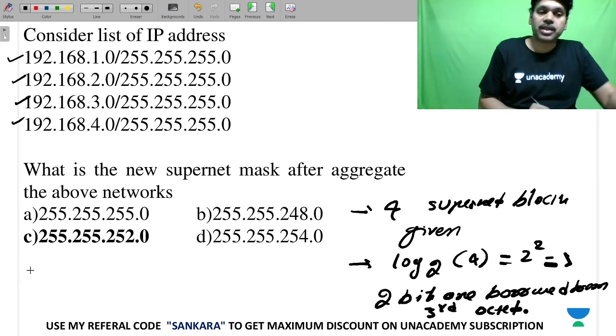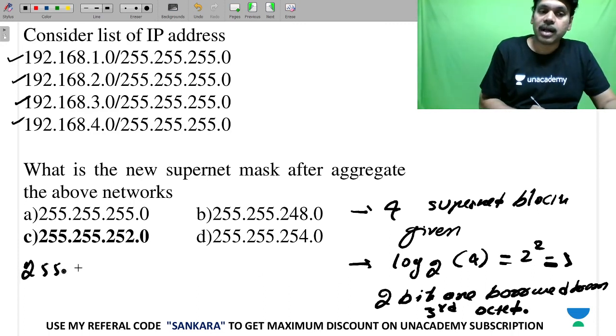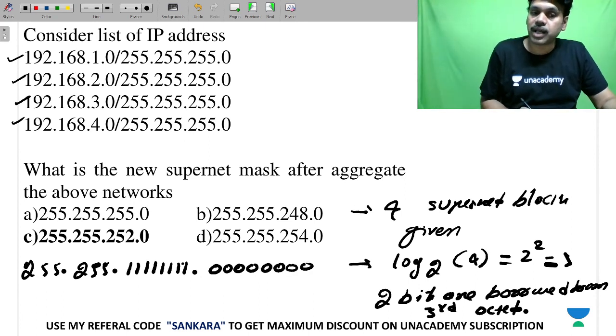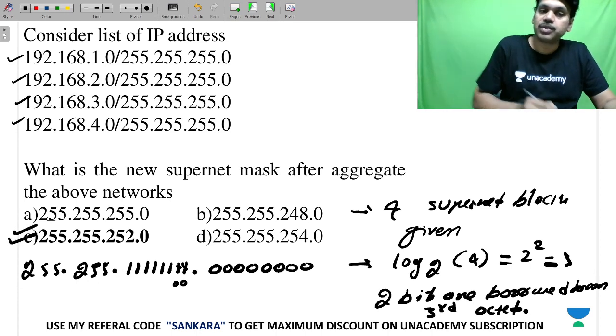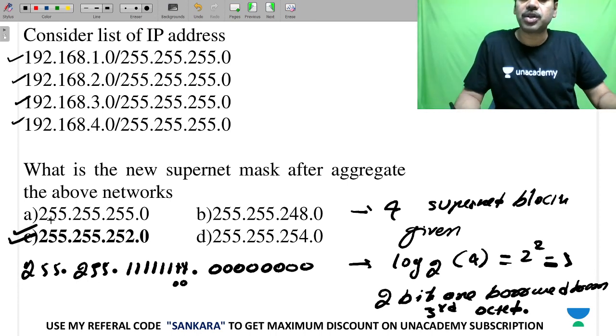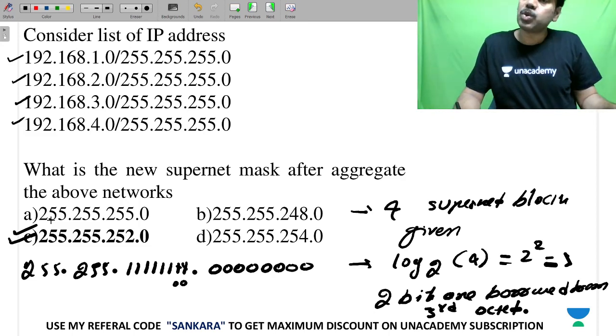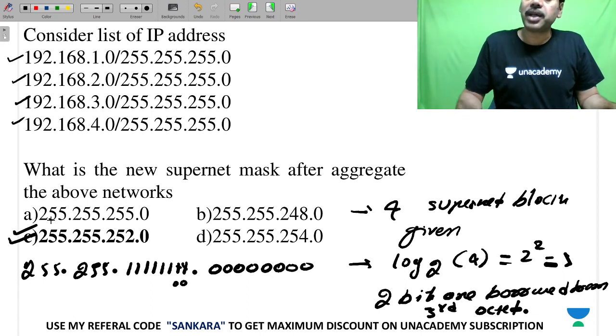Therefore, write your third octet after excluding your 2 bits. This is your default mask, so I borrowed 2 bits. So what is the new mask? 255.255.252.0. So this is how to identify a new mask by taking some kind of subnet.